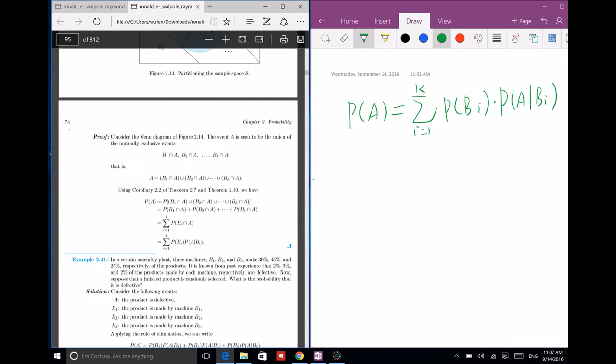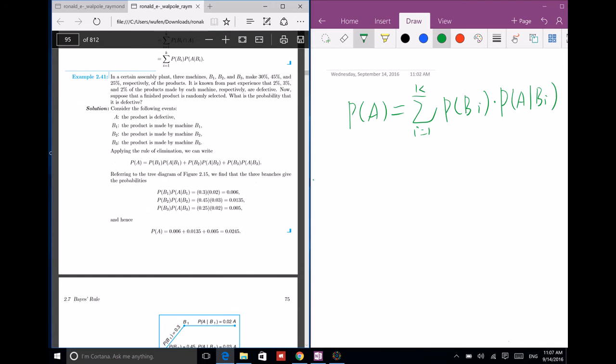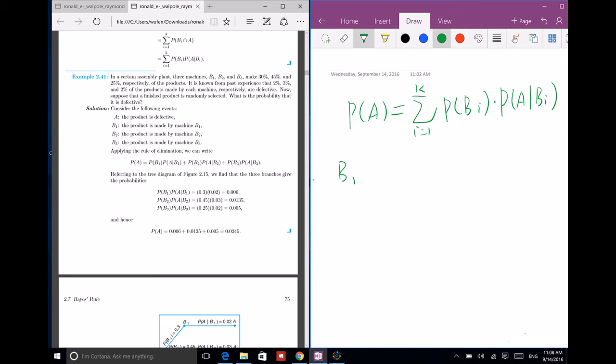Now let's look at the example. A certain assembly plant has machines B1, B2, and B3. B1 makes 30%, or 0.3, B2 makes 45%, or 0.45, and B3 makes 25% of the product.